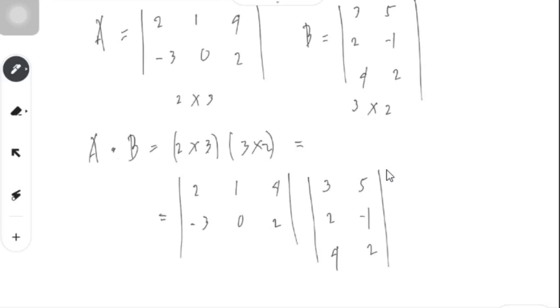So the result, mawawala yung 3, dapat maging 2 by 2 matrix. Paano ang magiging result nito? An idea? All elements on the first row dito sa A natin will be distributed to the elements on the first column. Take the algebraic sum. So it will be like this.